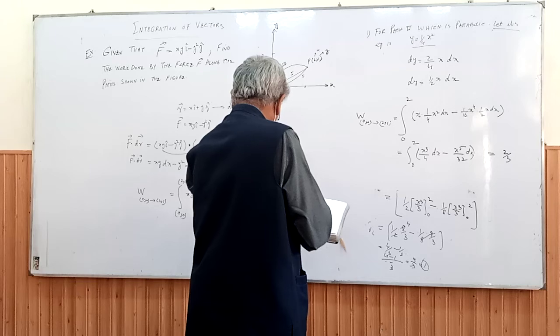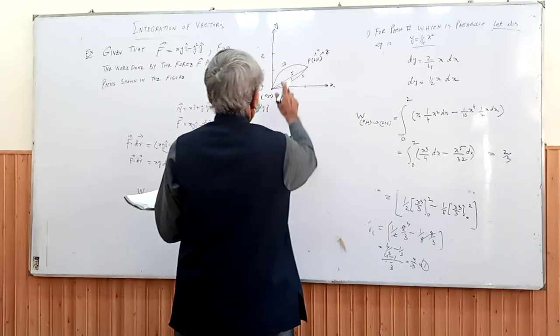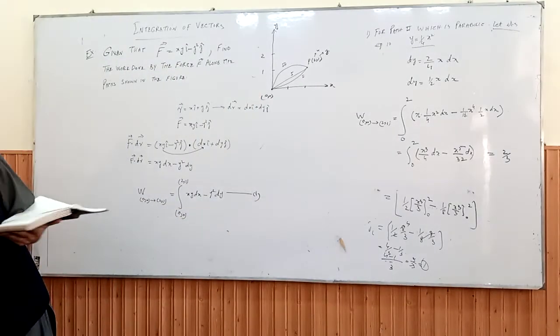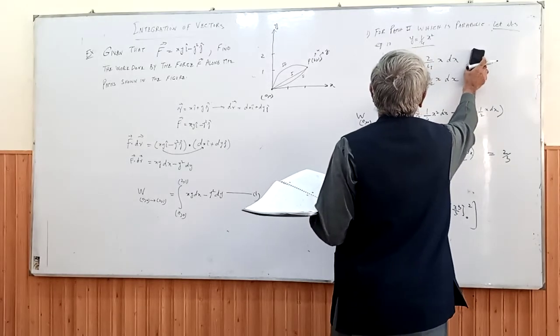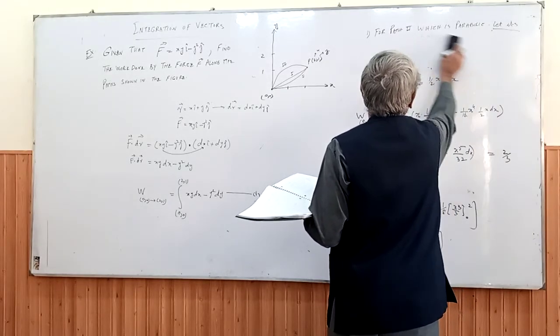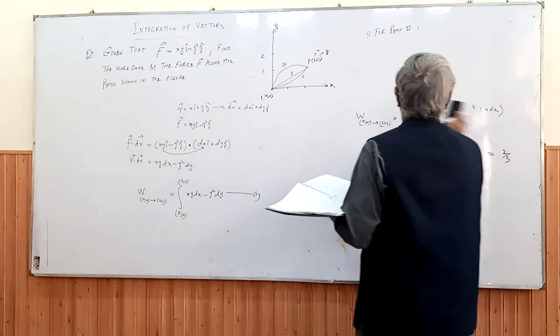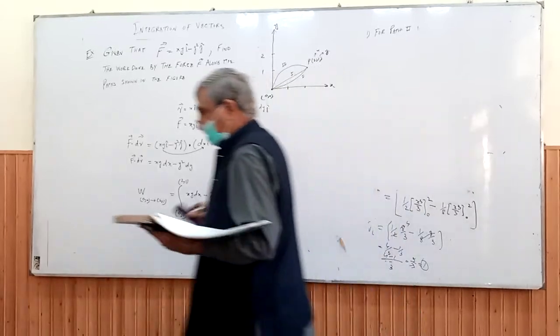And the last part, this is part number 3rd, that is solved by a different method. So we have done 2 parts, and now we come to the third one.